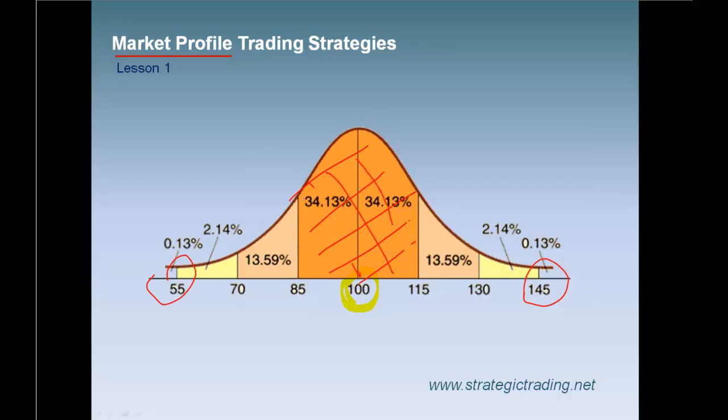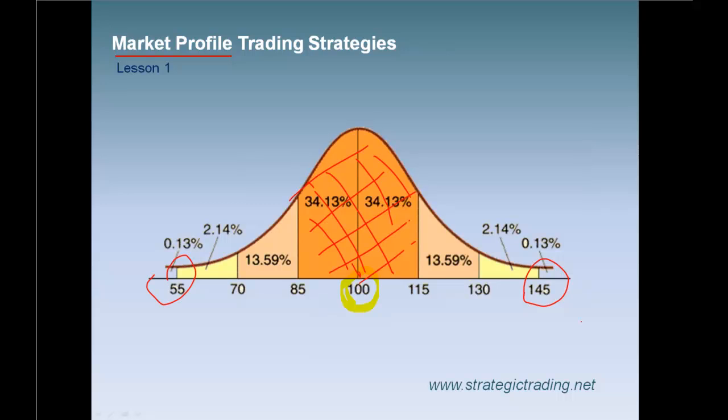Now, this is the powerful idea that Stadelmeier used to develop the profile. Basically, he just decided that instead of 68%, he would look at 70% of the data, and use this data to identify what we will soon learn is the value area in the market.